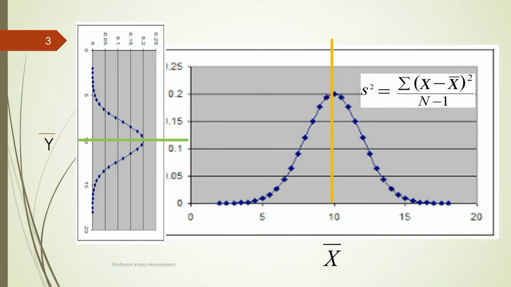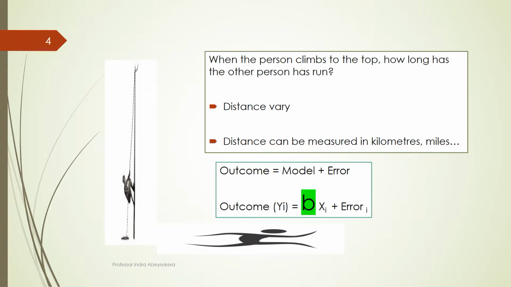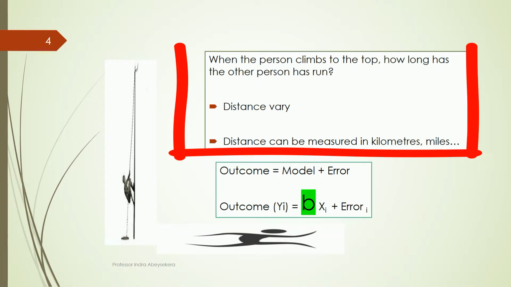If you want to look at the relationship between these two variables, we can look at this relationship by looking at the variation of the two variables.